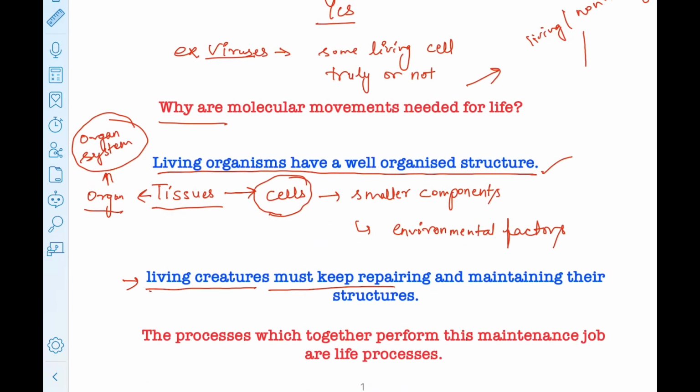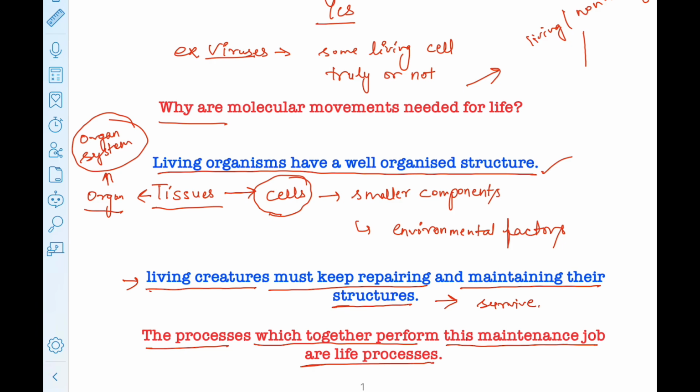Living creatures must keep repairing and maintaining their structures. For our survival, we need to keep repairing and maintaining our structures. And how does our body do it? With the help of some life processes. So the processes which together perform this maintenance job are life processes.